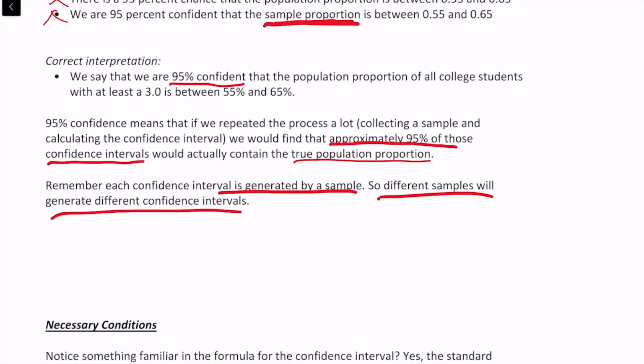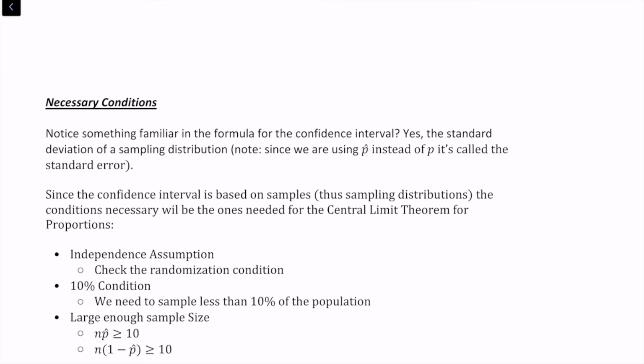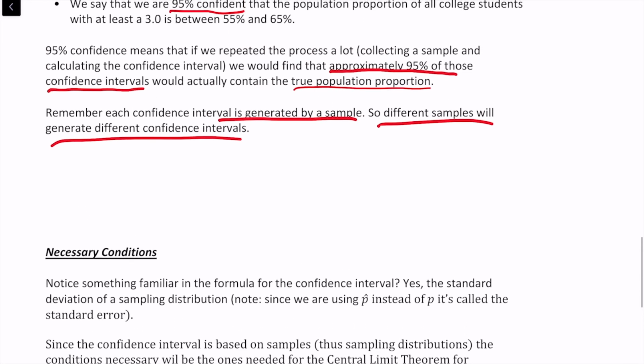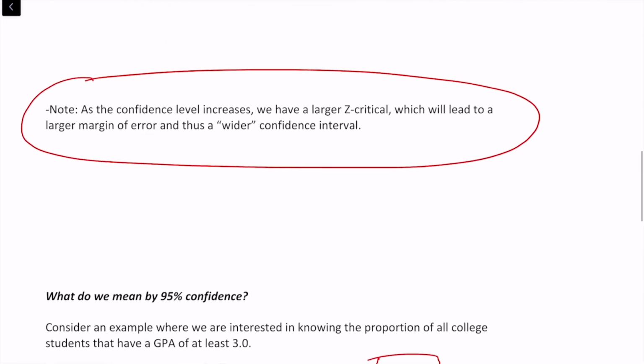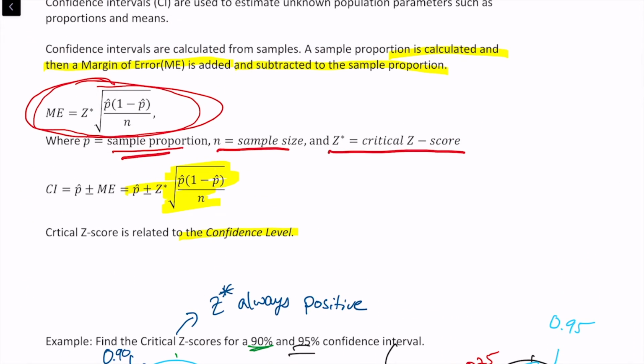Okay, so the last bit I want to touch on here are the necessary conditions to calculate a confidence interval. We'll do these actual calculations in another video. So notice something familiar in the formula for the confidence interval. Let me go back and show you what's looking a little familiar here. You see this thing right here?